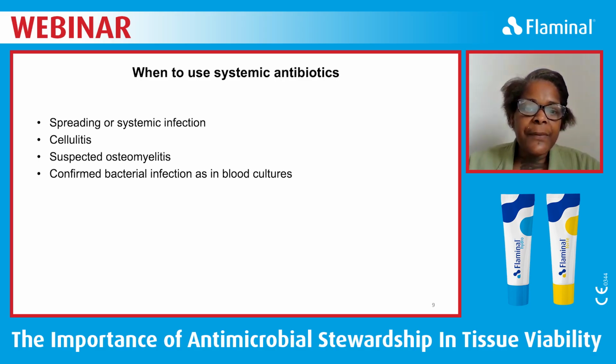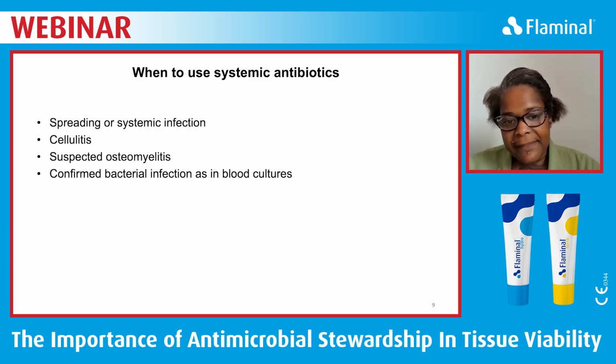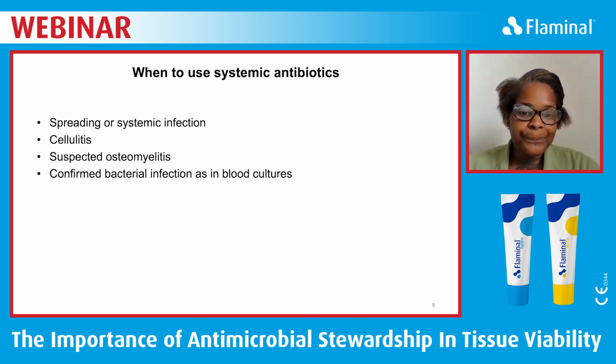When to use antibiotics. So we use antibiotics when there is spreading or systemic infection, when there is evidence of cellulitis, when there is suspected osteomyelitis, when there is confirmed bacterial infection, as in blood cultures.